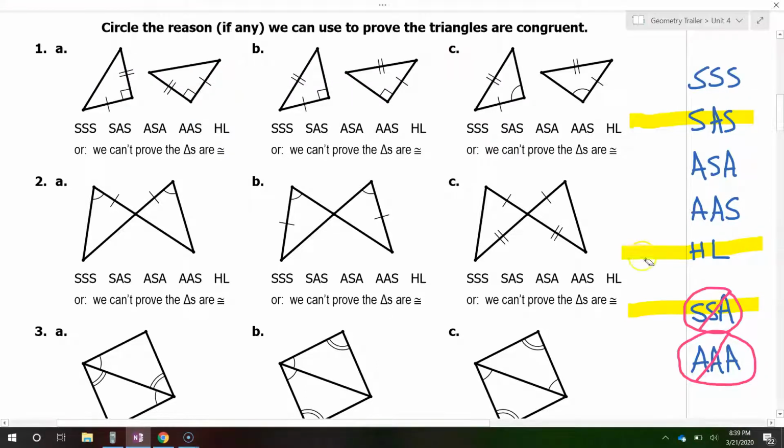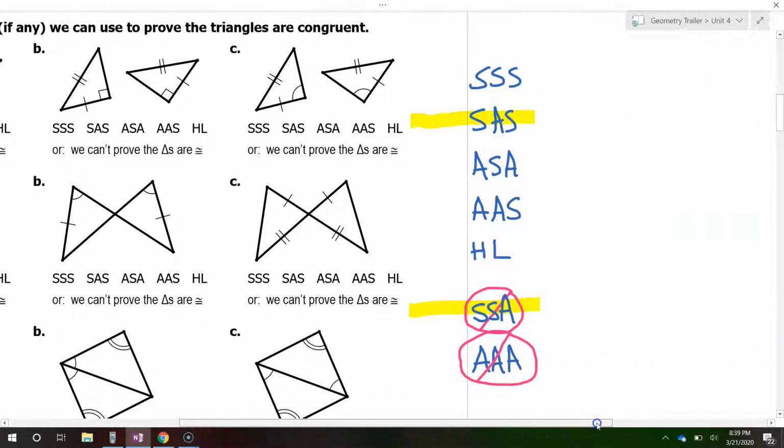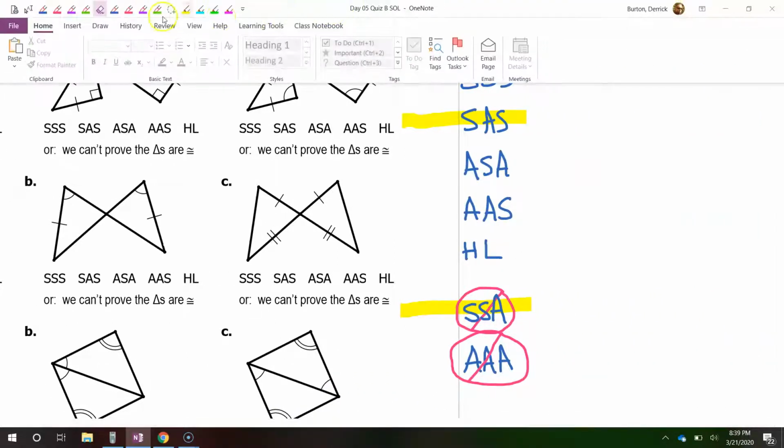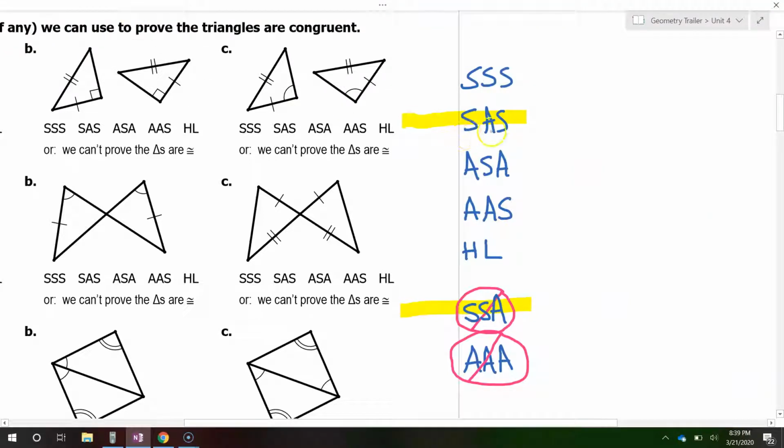So we can forget about that. So now it's down to either side angle side or side side angle, which is not a thing. It doesn't work. So the way I tell the difference is by using the word between. See how the A is between the S's? That means the angle has to be between the sides.